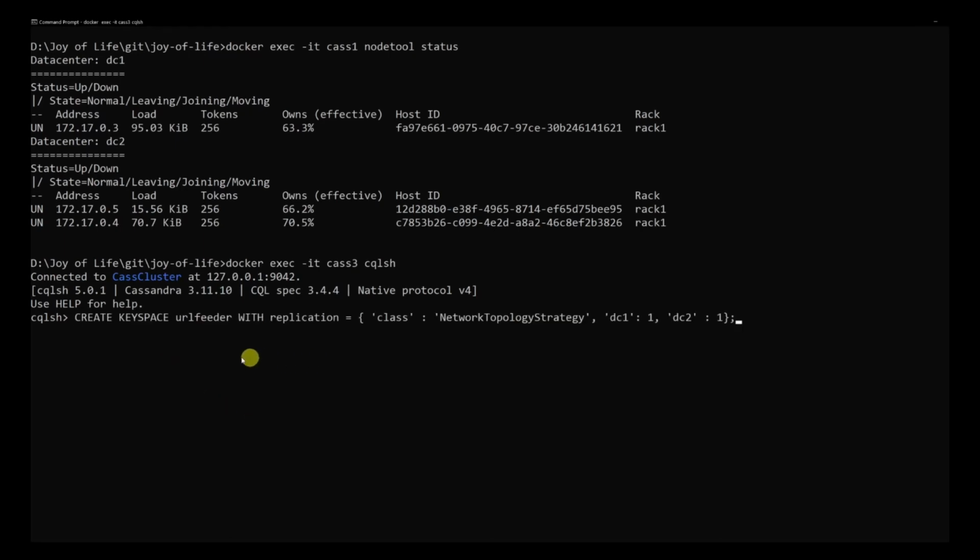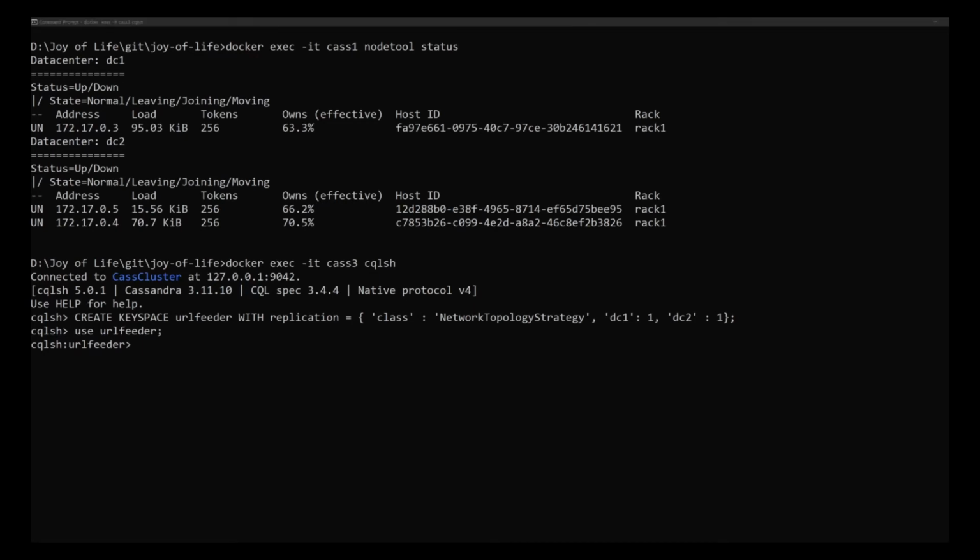We are going to use a network topology strategy, and I am telling it to place a replica in DC1 and place a replica in DC2, right? With the network topology strategy, I can say how my replication should work. So we have created it, so let's use url_feeder.